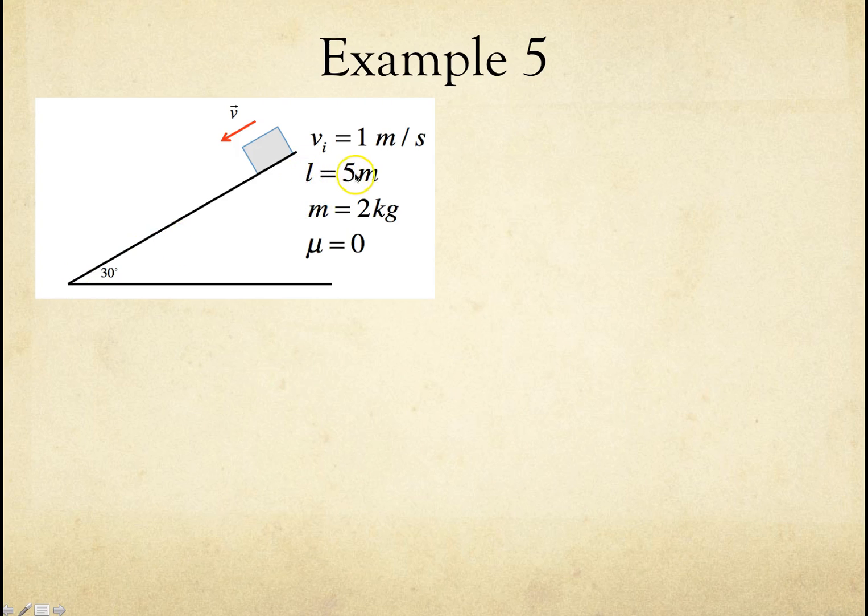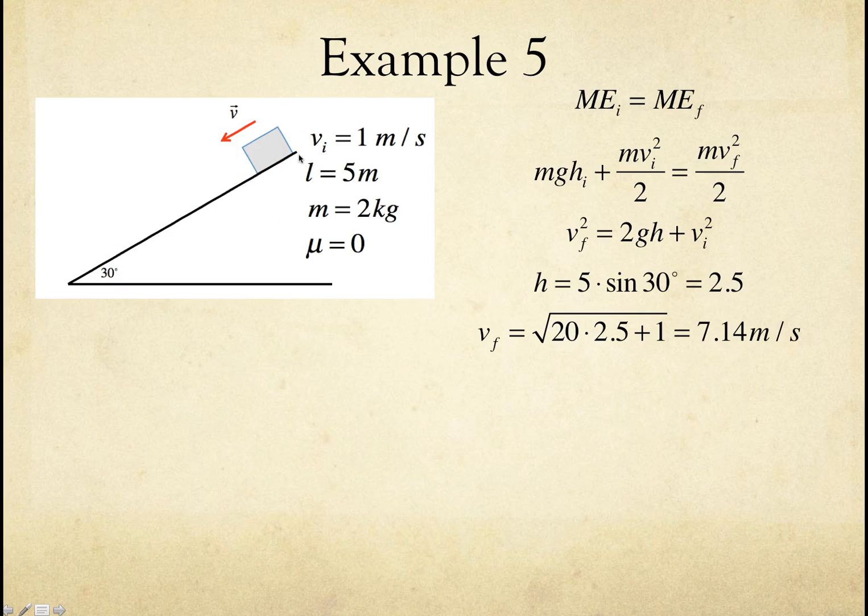Notice that L is not H. It's not the mgh. L is this hypotenuse, so we would need to find the height. So again, mechanical energy initial is potential because it's above the ground level. I'm going to say that this is the level where potential energy is 0.